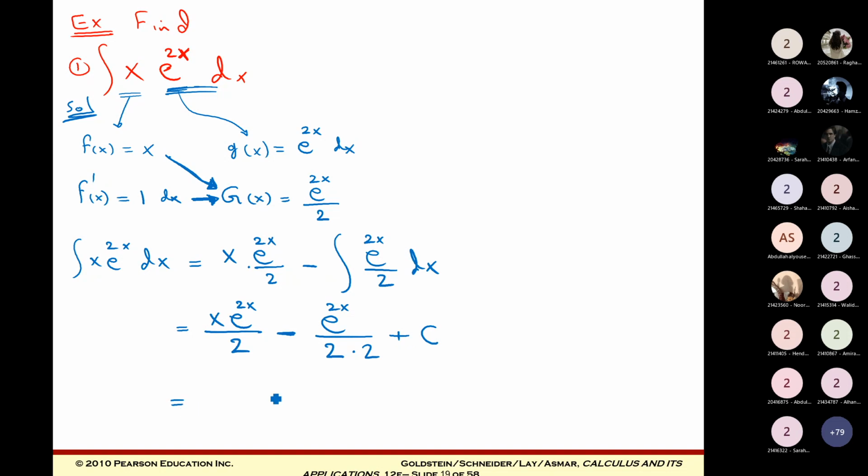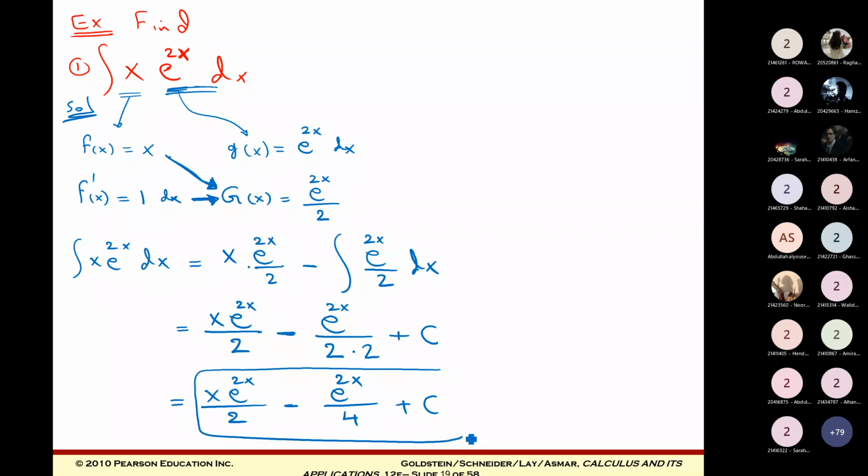So we have x e to the power 2x over 2 minus e to the power 2x over 4 plus c. This is the final result.